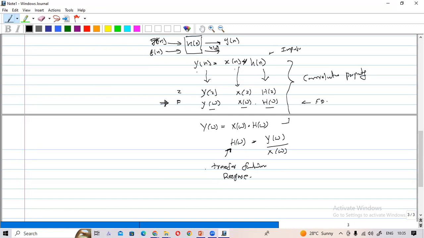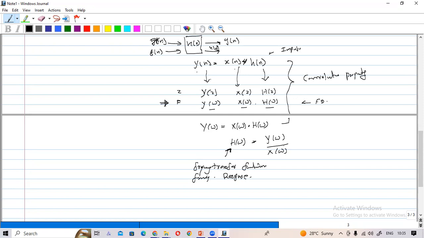So it is in the frequency domain. Sometimes this is called the frequency transfer function or frequency response. If it is in the Z domain, it is the complex transfer function, or sometimes referred to as the complex response. So H(omega) is normally referred to as the frequency transfer function, and also as the frequency response.